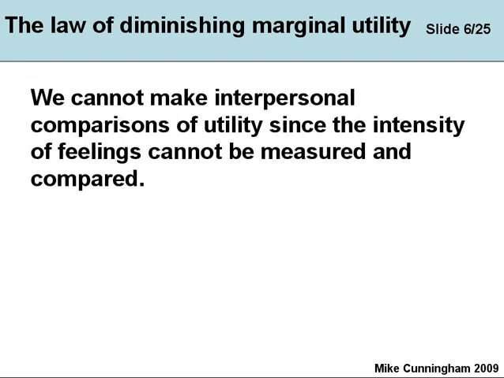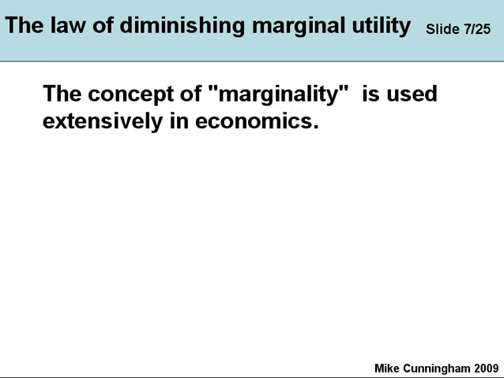We can't make interpersonal comparisons of utility because of the intensity of feelings, and these can't be measured and compared. You might like something, but I really like it. Now we can't add those two together. We can't say both of us like it equally because of the intensity of the feelings. So when we're dealing with utility, there are many issues to take account of.